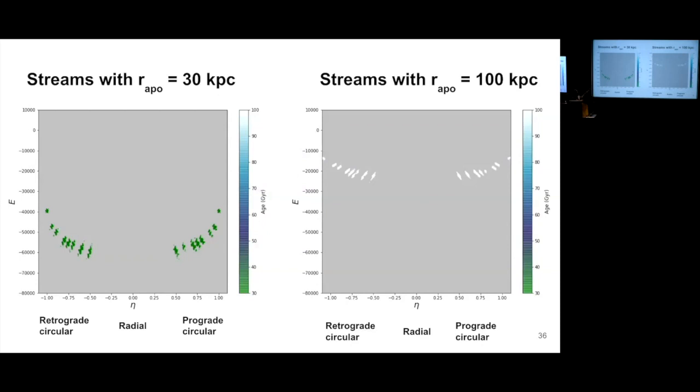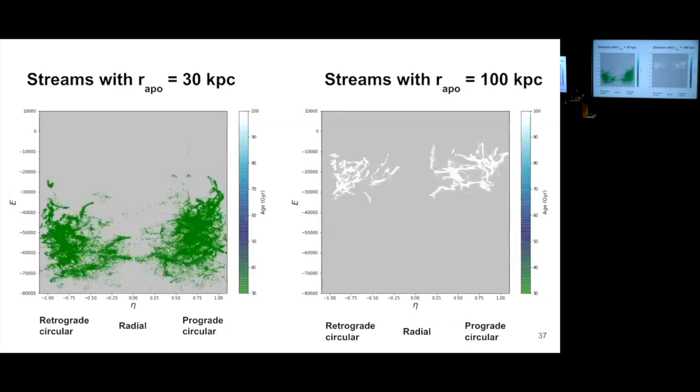In the beginning, you have the energies corresponding to their epicenter radius. So if they were in lower orbits, they have lower energy. And if they have higher orbits, they have higher energies. So what happens is after 6 giga-years, the inner orbits get disturbed the most.